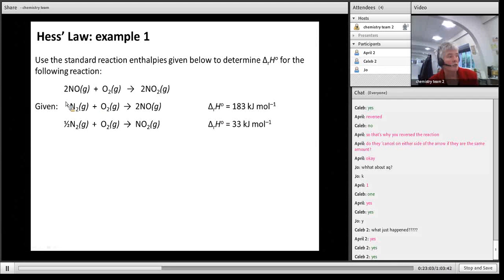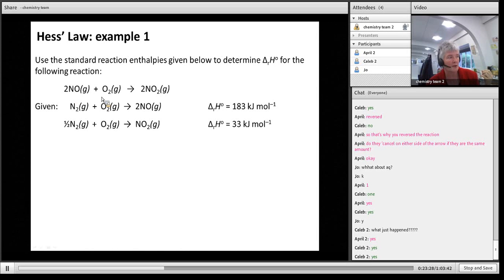And I want to get the heat of reaction for this first reaction of 2NO reacting with oxygen to form NO2. So it's not quite the heat of combustion of NO, because remember heat of combustion is for 1 NO and I've got 2 of them.